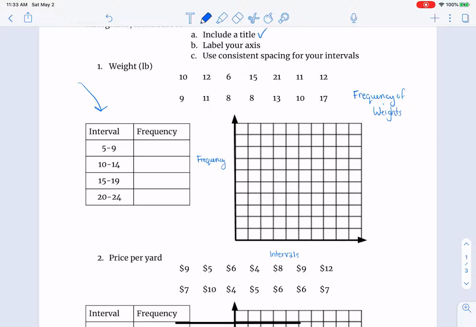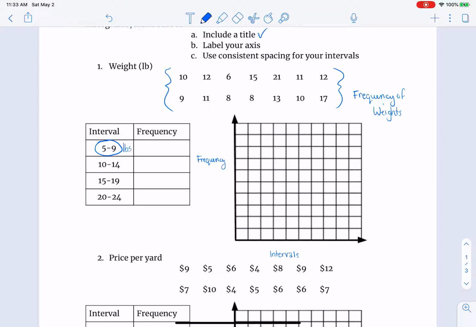All right, so let's look at our data first and go ahead and complete the frequency table. So what we're doing is we're looking at this interval, and this is the interval of 5 to 9 pounds. We have these weight measurements, and we want to put how many times we see something that falls within this interval.